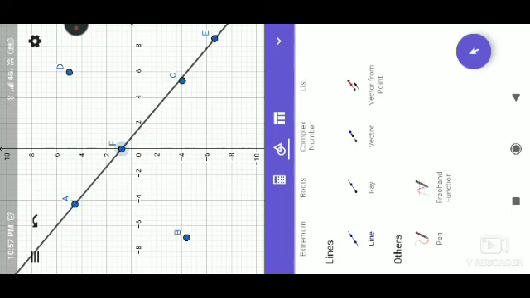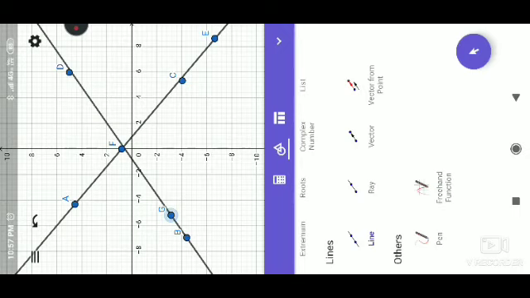If I choose from here, then F, B, G and D are also collinear points. But the points A, F and D are not collinear to each other.